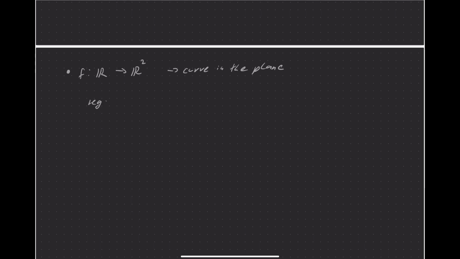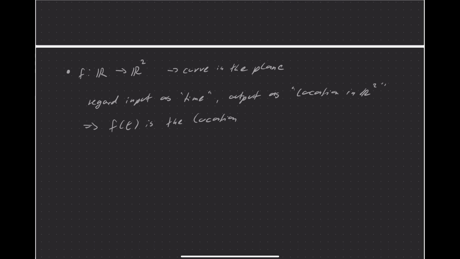Okay, so the idea is we regard the input as time and the output as location, in this case in R2. So that means f of t is the location in the plane at time t.